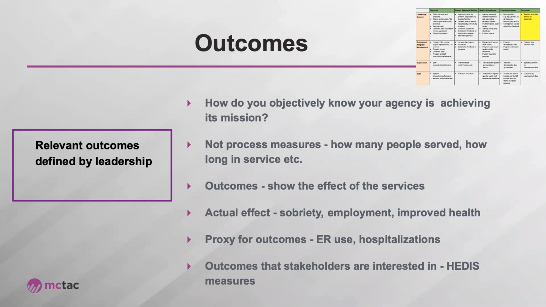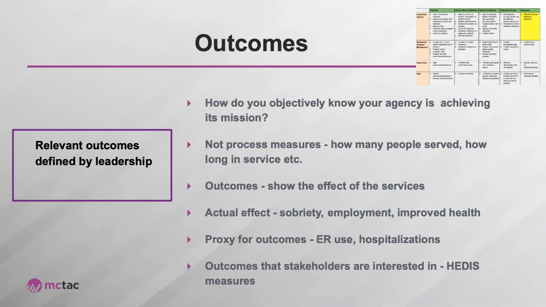For some agencies, it may be that the health promotion activities they're involved in can show a direct link from the work they're doing to improved health, either in diabetes or blood pressure. So there could be actual outcomes connected directly to the work that's being carried out. For some of us, those connections are not easy to prove. So it may be that looking for a proxy for those outcomes is a significant way of demonstrating the outcomes.